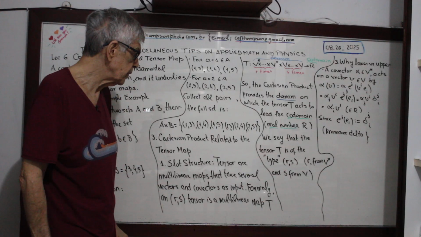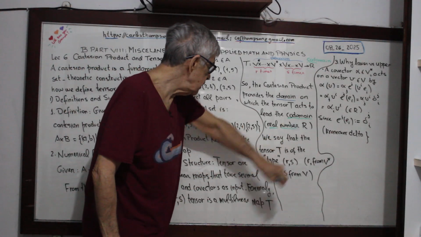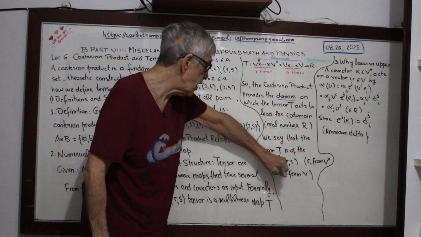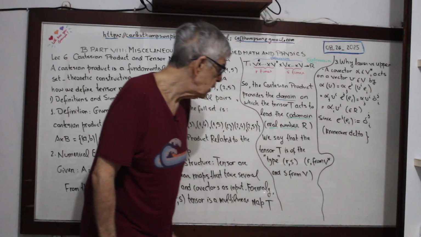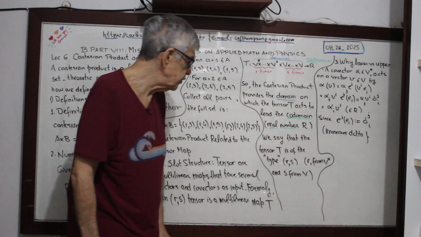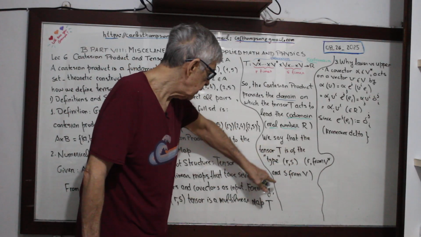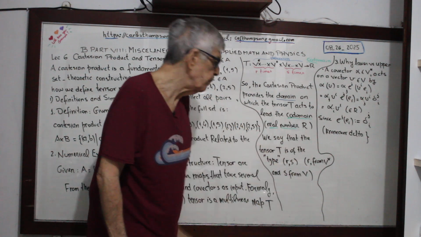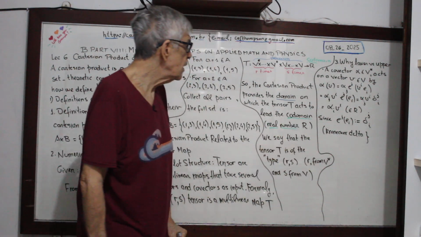That's a map. We say that the tensor T is of type (R,S). R is from the dual space, V star, and V asterisk, let's say, and S is from V. Instead of star, let's use asterisk.